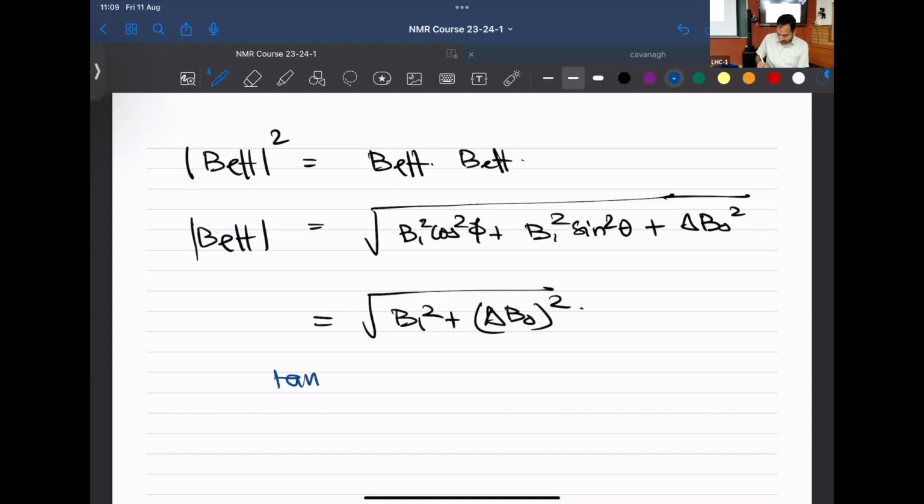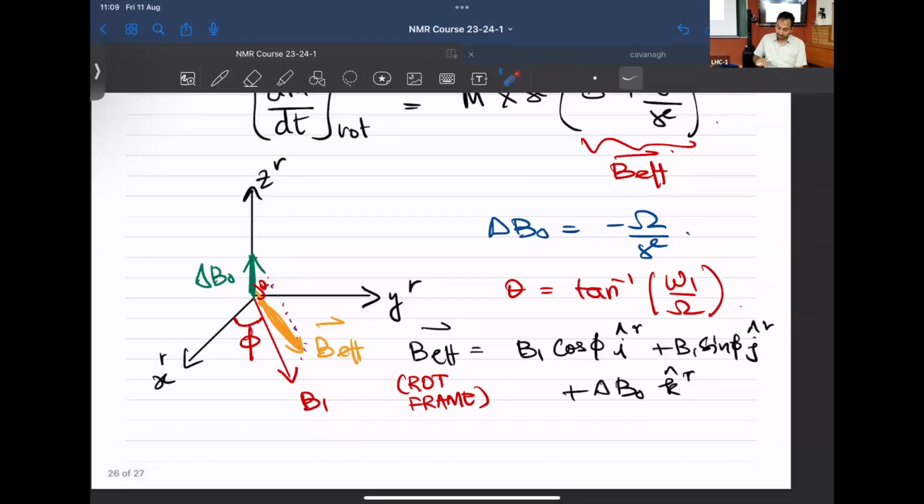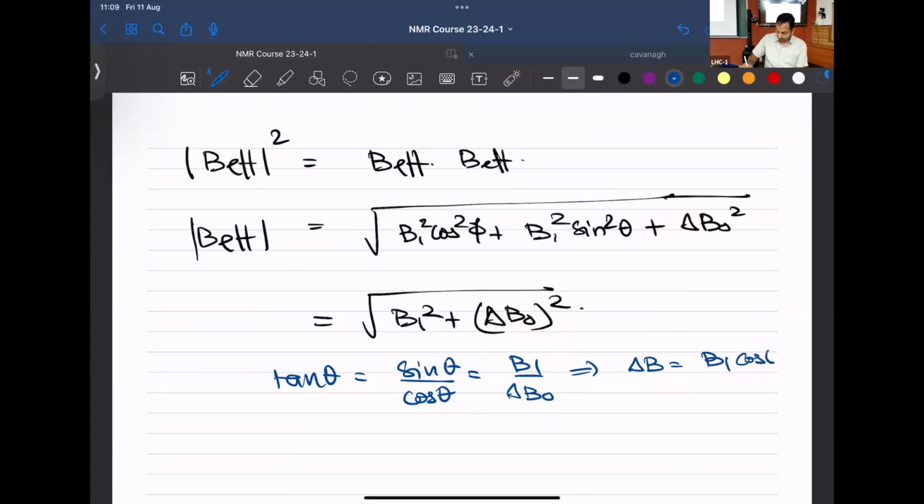where you know that tan theta is given by B1 over delta B naught. How did we write this? The theta is right here. If you take tan theta, it has to be opposite divided by adjacent. Opposite is B1, adjacent is delta B naught, and therefore you have this, which implies delta B naught is B1 times cos theta divided by sin theta.